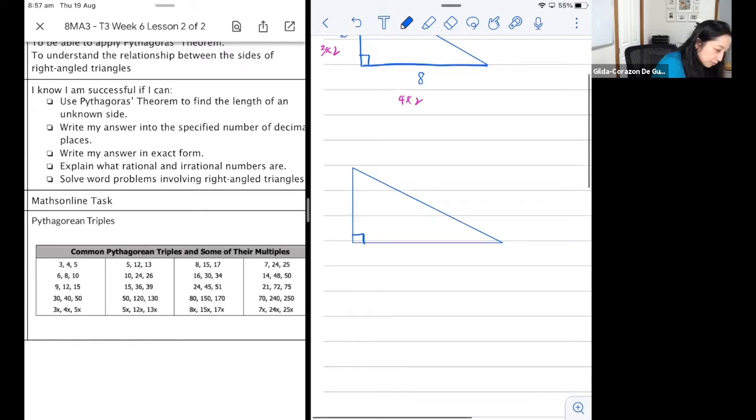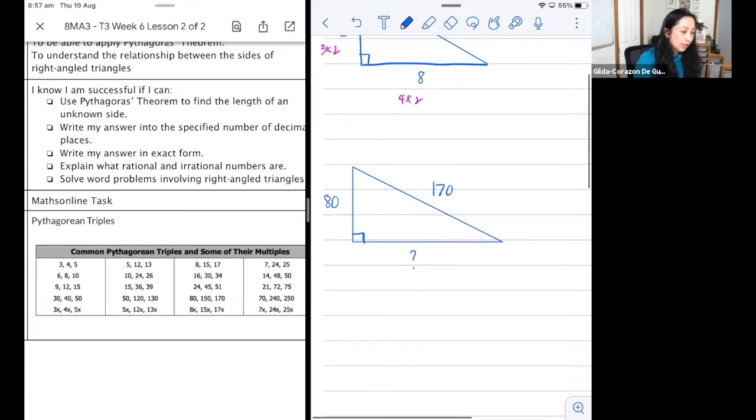Let's say, for example, this was 80, and I know this is 170. Then this is the one that's missing. Well, I know such a thing as an 8, 15, 17 triangle, right? And I know it's a right angle triangle because it's one of the Pythagorean triads that I know.